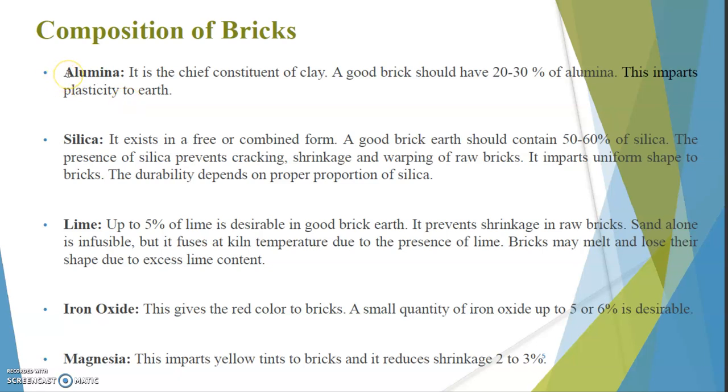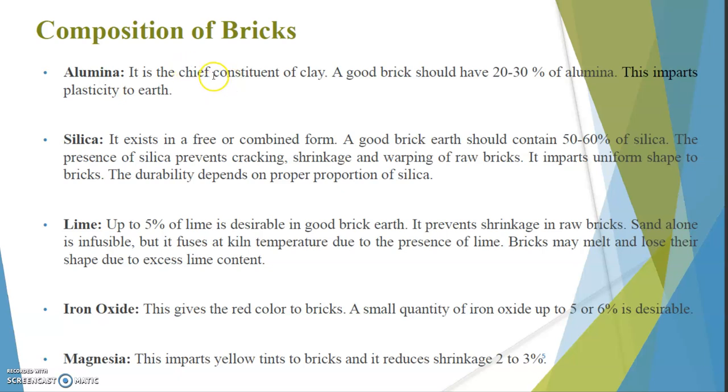So alumina is the chief constituent of the clay. We need 20 to 30 percent of alumina in a good brick. This imparts plasticity to the earth. If you see this particular statement, you can split it into different components.